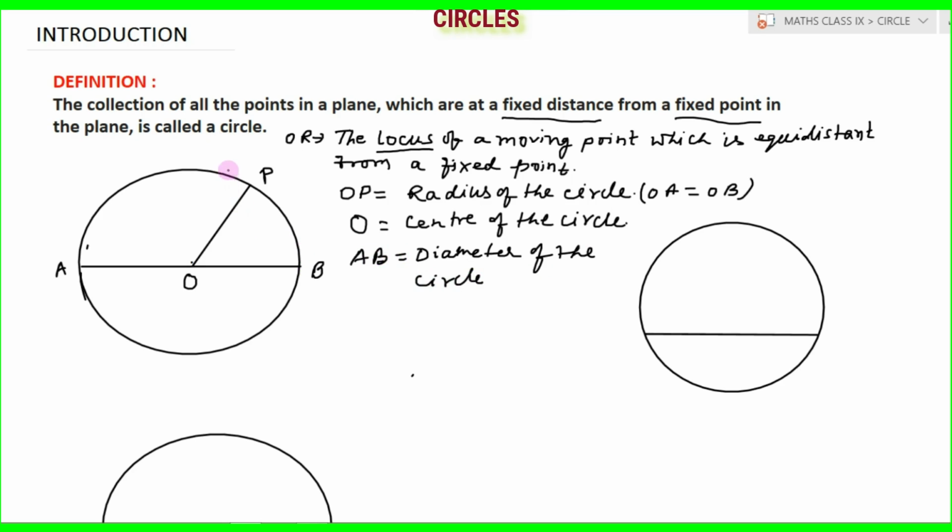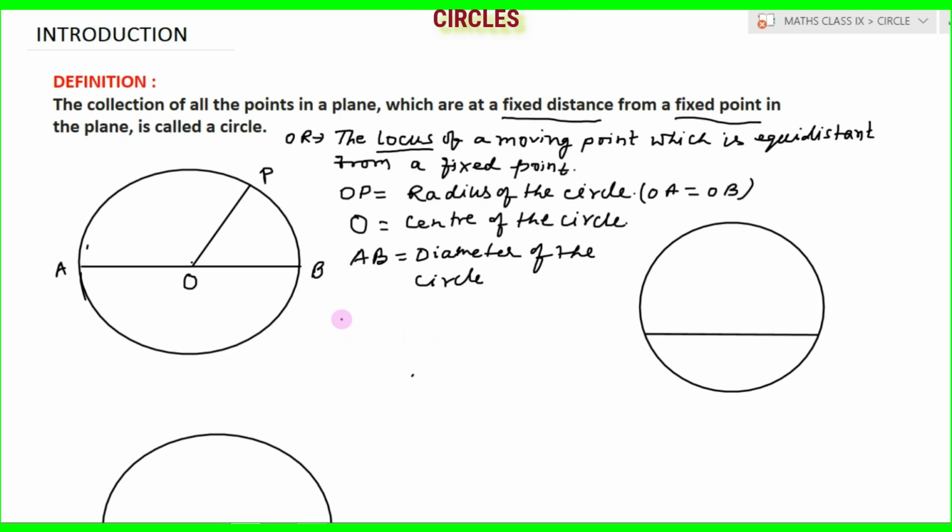And one more thing: if you start from the point P, move in this way and come back to the point P, then this whole path traced out is called the circumference.